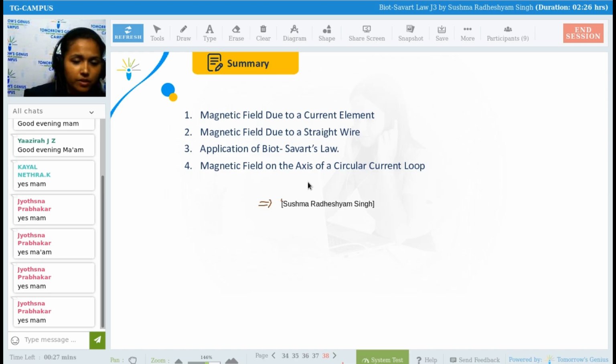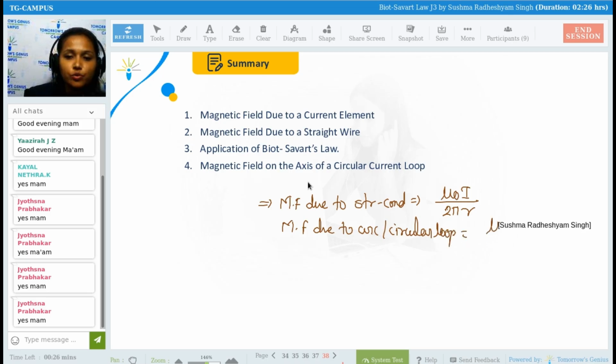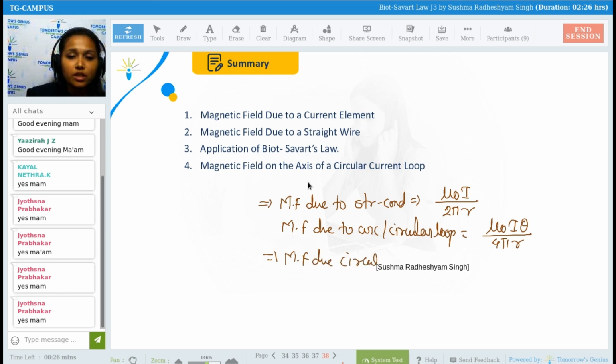Now, in today's session, we first learned magnetic field due to a straight conductor. The formula is mu naught I over 2 pi r. Then magnetic field due to an arc or any circular loop is mu naught I theta over 4 pi r. Then we learned magnetic field due to a circular loop at an axial point.